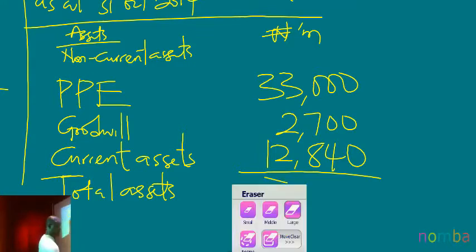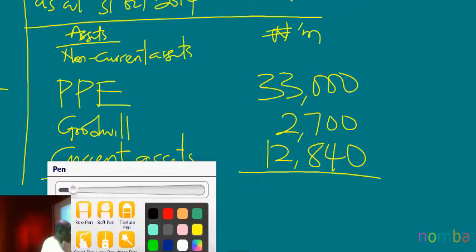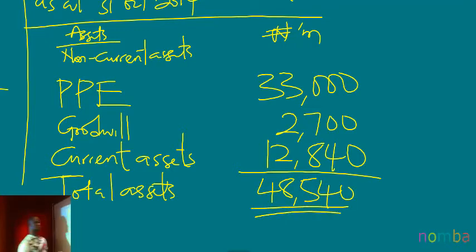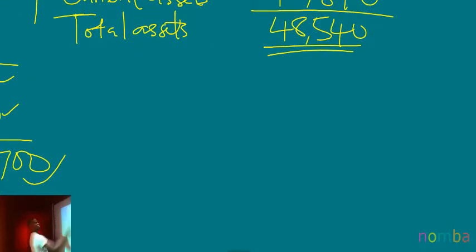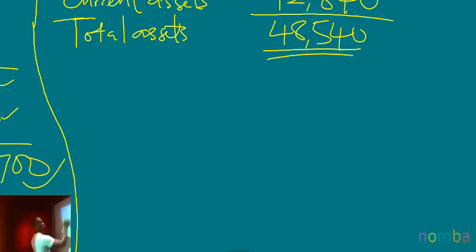So I have 48,540. Having determined that, the next item I would have is my equity and liabilities.